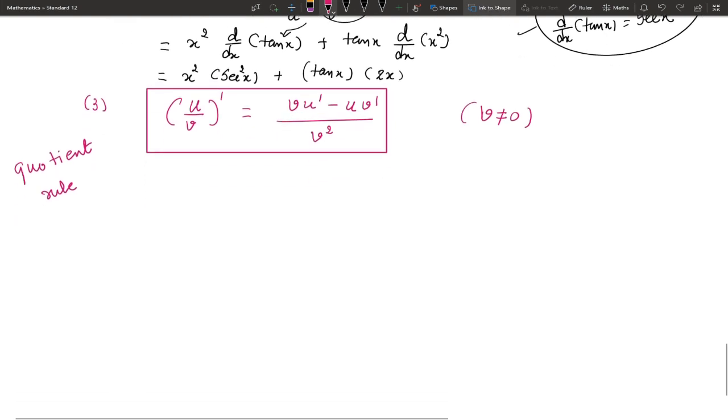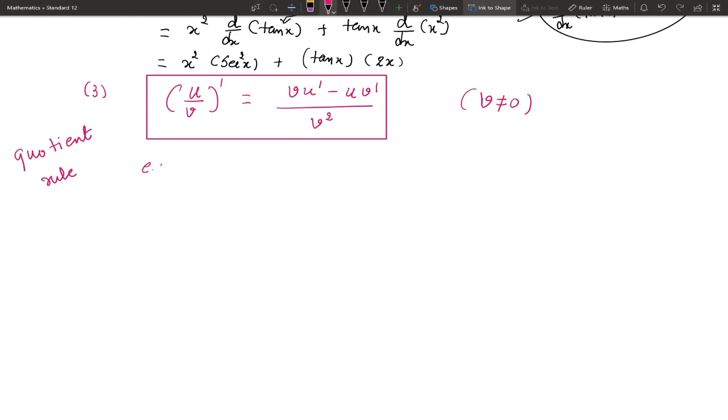For example, let us evaluate d by dx of tan x. This is nothing but d by dx of sin x upon cos x.